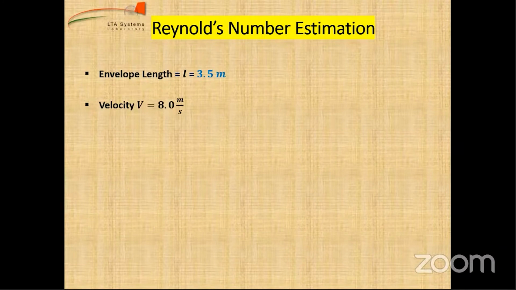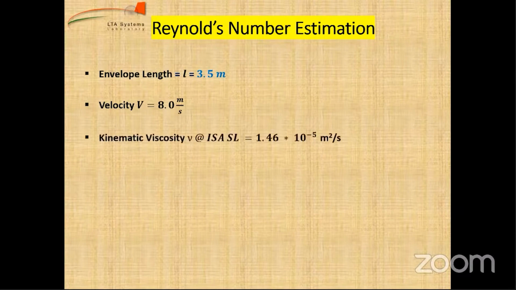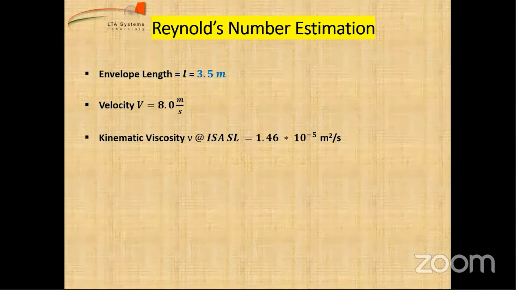How do you calculate a Reynolds number if you know these two values? What is the formula to calculate Reynolds number? Rho VL upon mu, or it is VL upon nu. We don't know the coefficient of dynamic viscosity? No, I'm giving you kinematic viscosity directly.